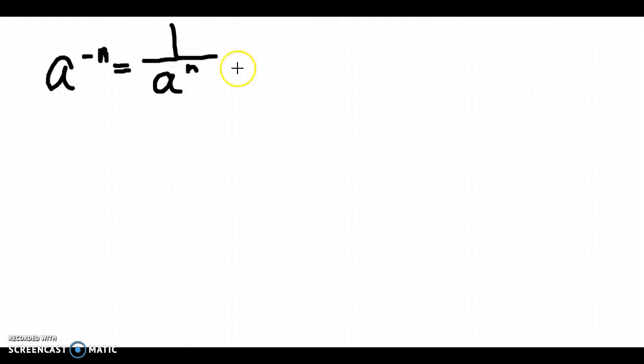So let's look at the general rule for that. If we have a to the negative n power, to make that exponent positive, we have to put it on the bottom of the fraction. So that's going to be equal to 1 over a to the positive n power. So for example, we could have 6 to the negative 4th power.